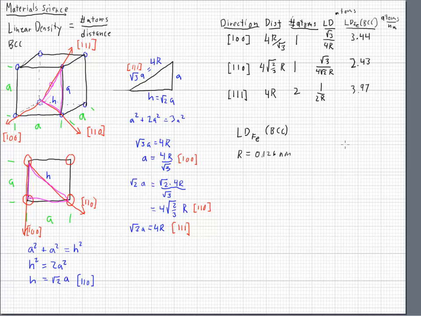Well, what's the point, and what does this mean? Well, that means as one would travel along a 100 direction, every nanometer you traveled, you'd hit about 3.5 atoms. And this way, you'd only be hitting about 2.5 atoms for every nanometer that you traveled. But going along the 111 direction, you'll hit a lot more. You'll hit almost 4 atoms for every nanometer that you travel.